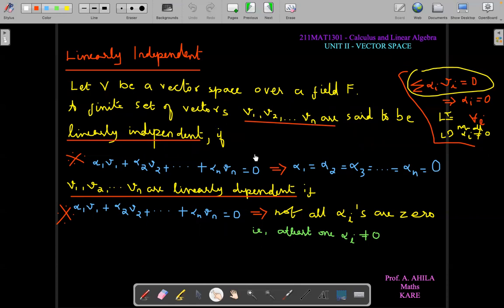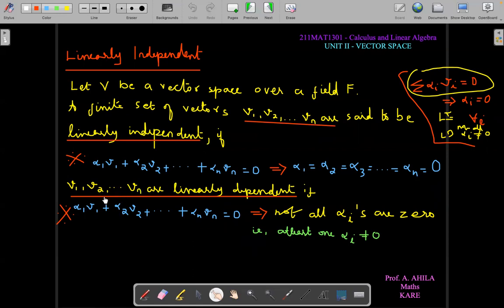That is, we say the finite vectors v1, v2, etc., vn are linearly independent if their linear combination is 0, then all the alpha i's go 0. When we assume the linear combination of those vectors as 0, then if we find all the alpha i's are 0, then we say these vectors are linearly independent.